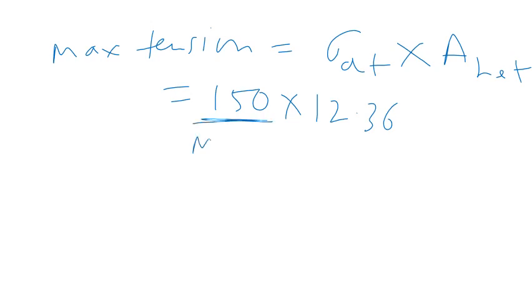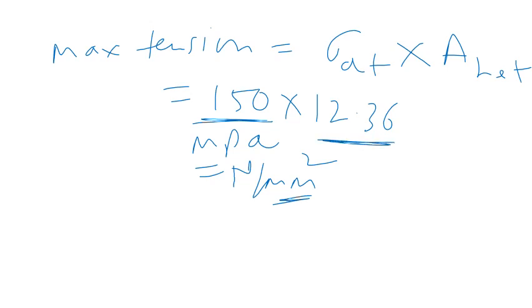This is in megapascal, which is equivalent to Newton per millimeter square. Remember this is millimeter square, and this is in centimeter square. So we need to convert this figure into millimeter square, so we need to multiply it by 100.